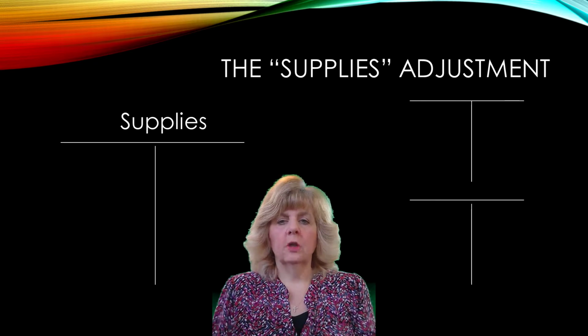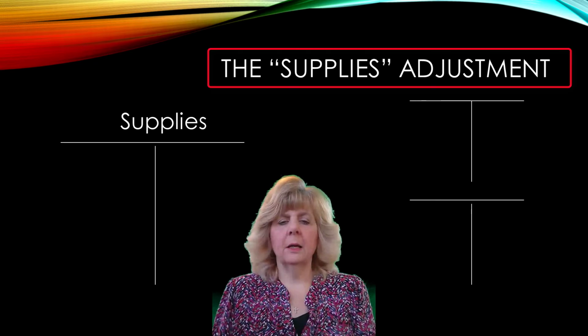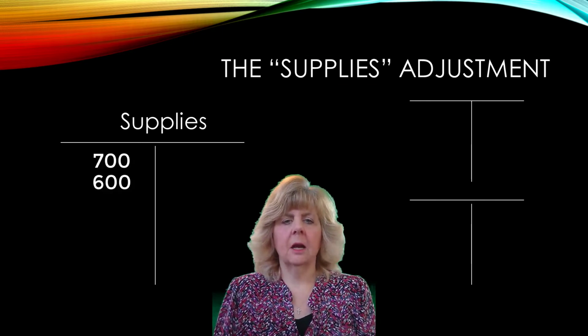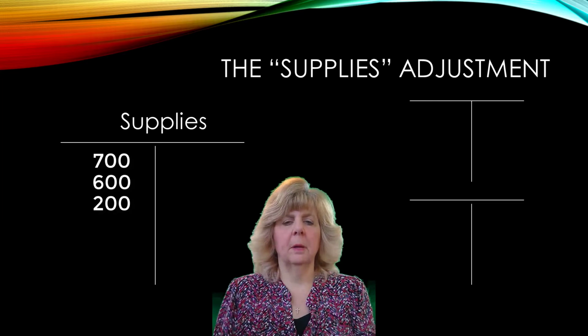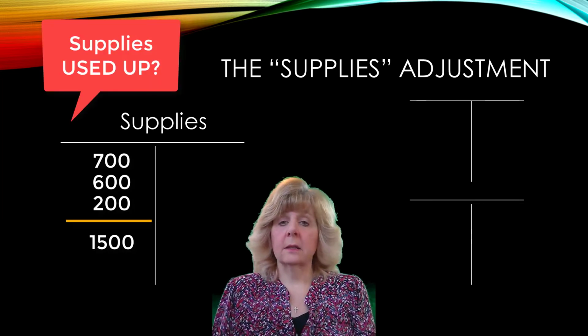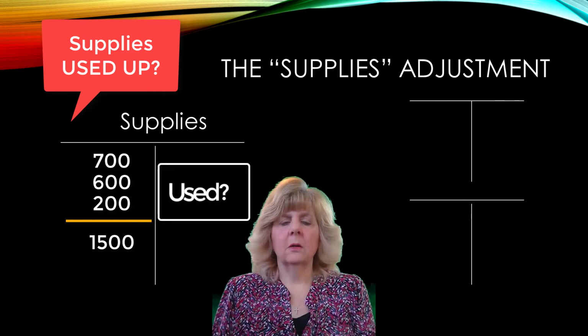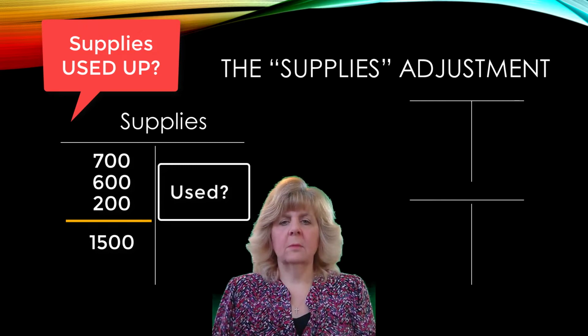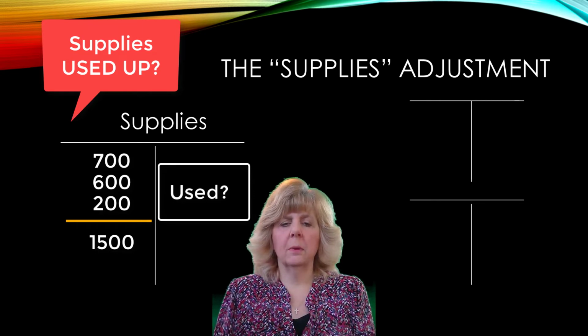Our first adjustment is for the supplies used up. As you've noticed in the first couple of chapters, the supplies account keeps getting debited. But we know what happens to office supplies. As time goes on, we use them up. The accounting records need to reflect this. So the challenge for this adjustment is to compute the amount of supplies used up.